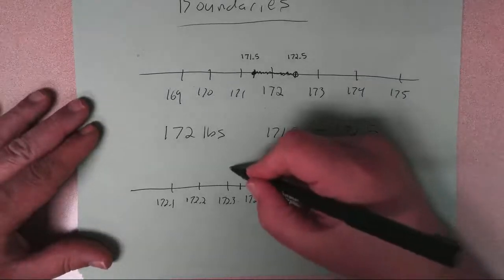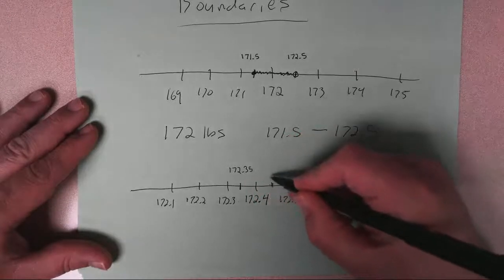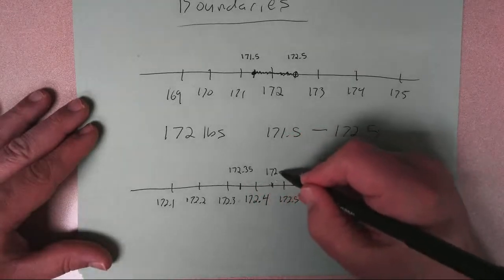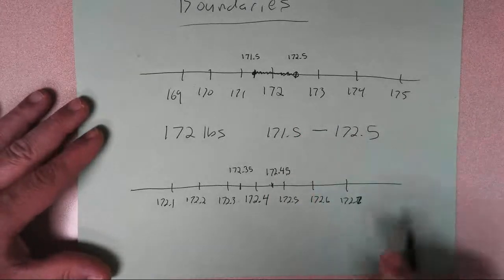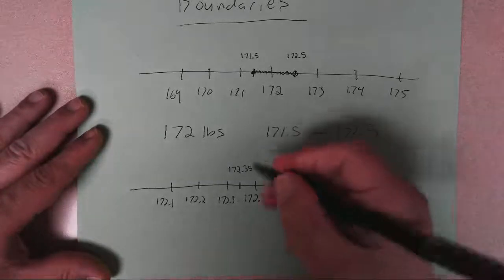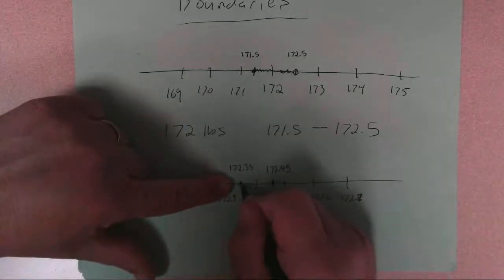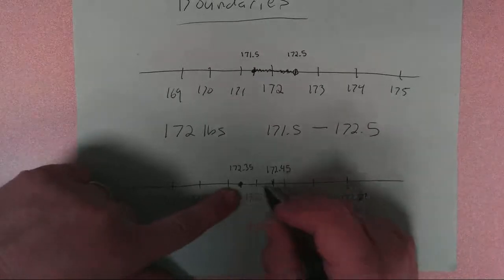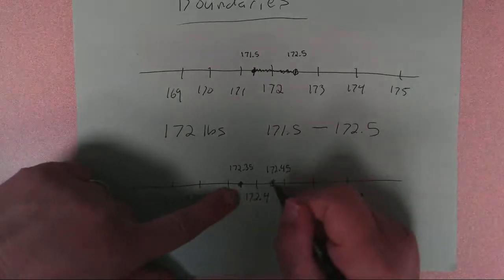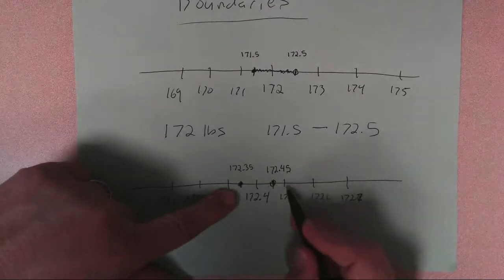And this one would be 172.35. And this one up here would be 172.45. Okay? And so it would include this one, because this one would round up to 172.4. And it would go all the way up to, but not include this one, because this one would round up to 172.5.